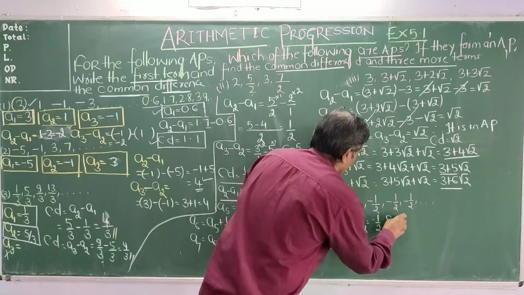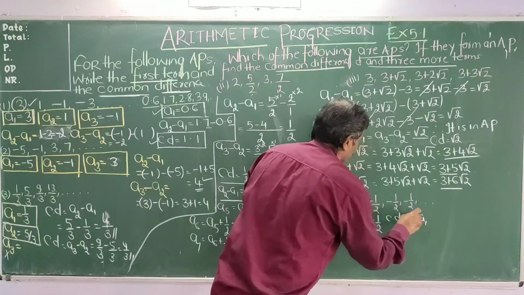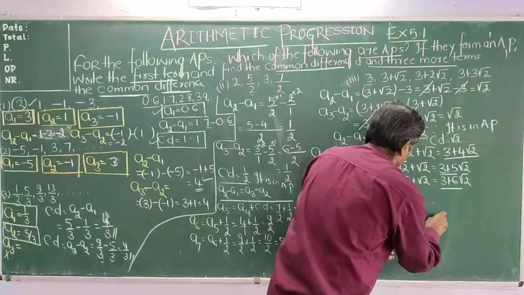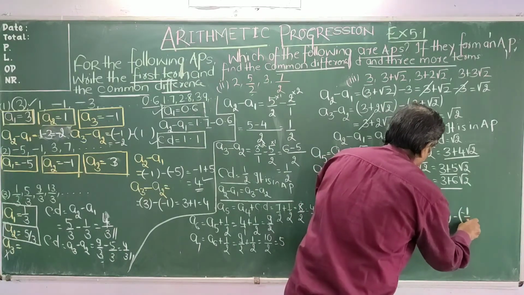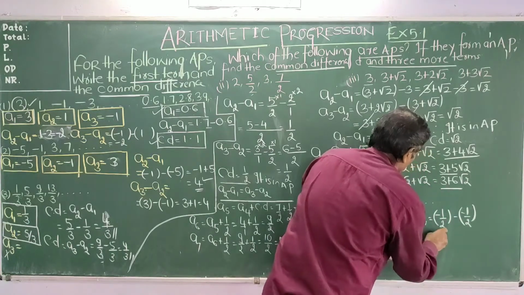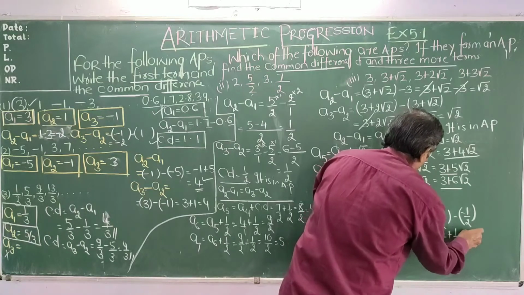If I want the common difference, then second term minus first term. That means, children, minus 1 by 2 minus of minus 1 by 2, and that is equal to minus 1 by 2 plus 1 by 2, and that is equal to what? 0.